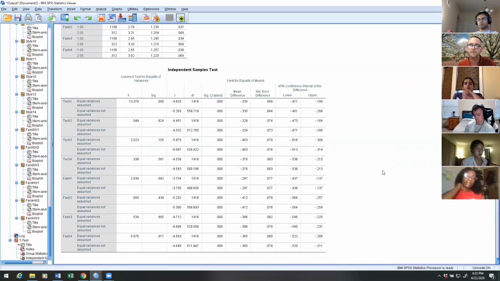Is there something different about those who missed versus those who didn't? On these 8 variables, there's a significant difference in the average scores between those who completed the full survey and those who missed. So we're looking at pretty significant differences.